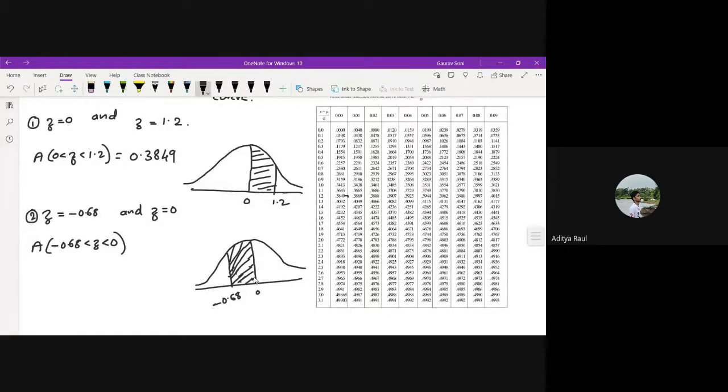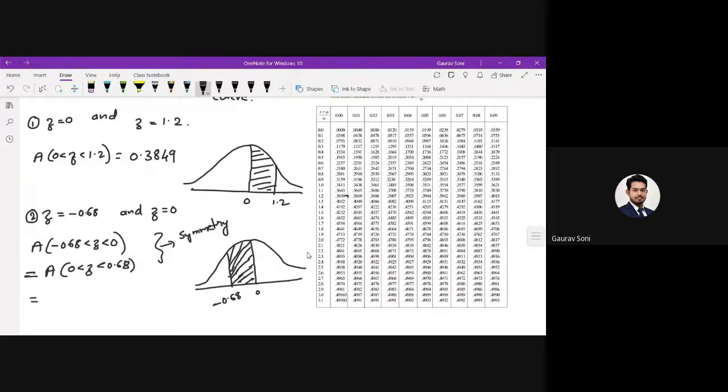Sir, it will be same as area from 0 to 0.68. Exactly. So this is equal to 0 less than z less than 0.68. This is because of symmetry about origin.